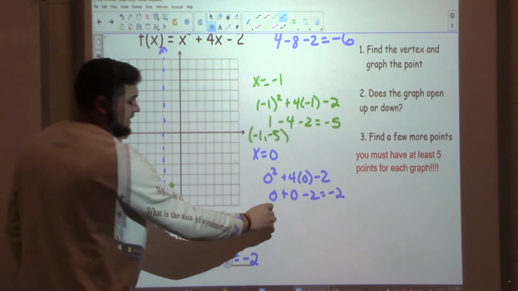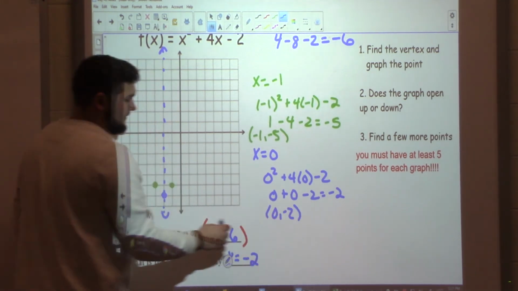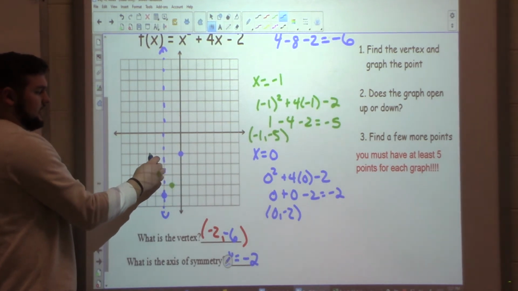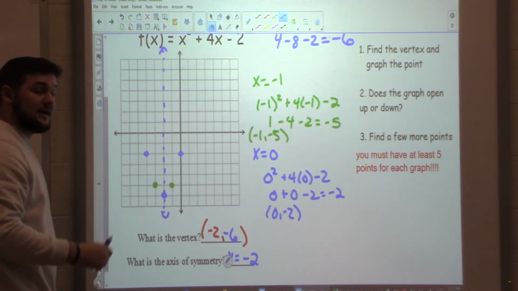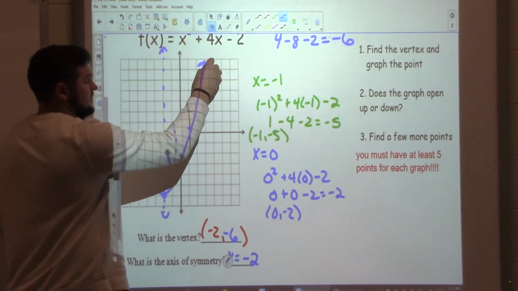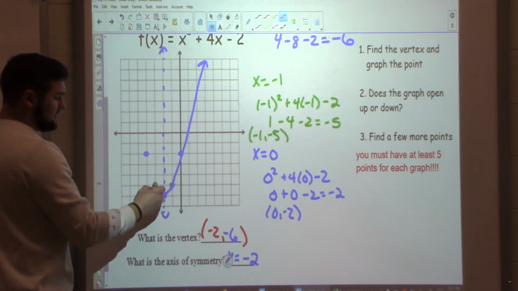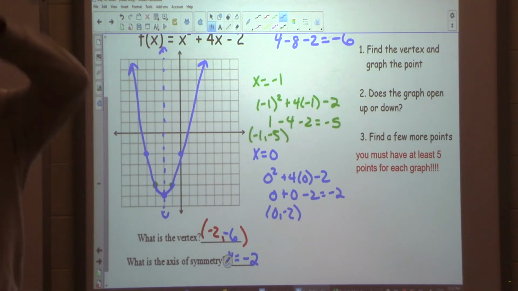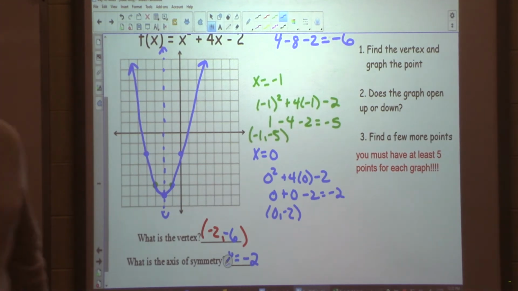So at 0, negative 2, I have another point. Mirror it across. Now I have 5 points. Now I can draw it in. Once you get those 5 points, obviously your line should not cross, but you draw them up and put arrows on the end.